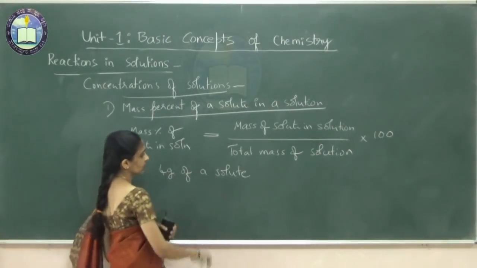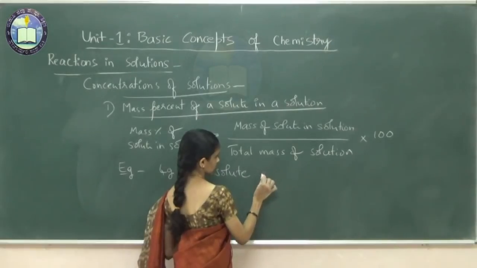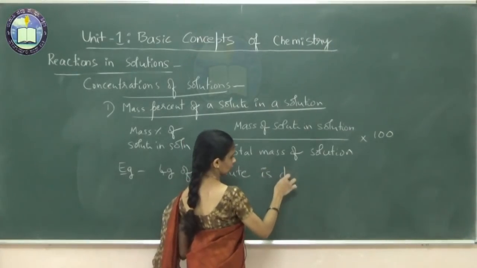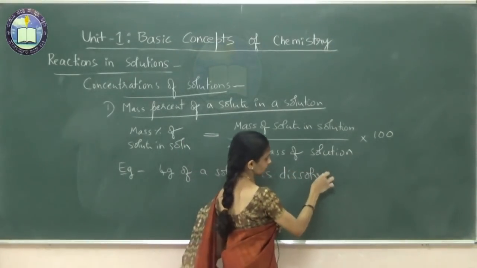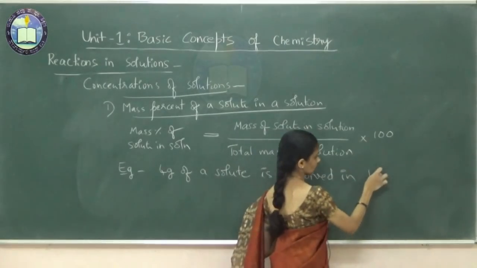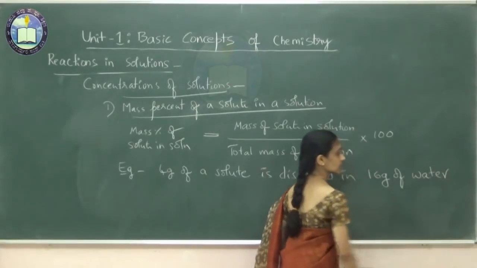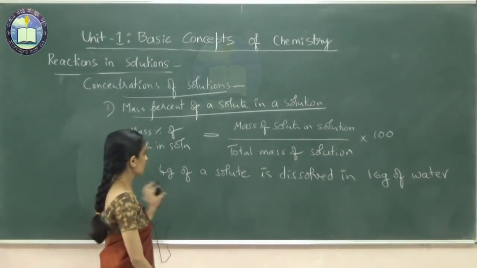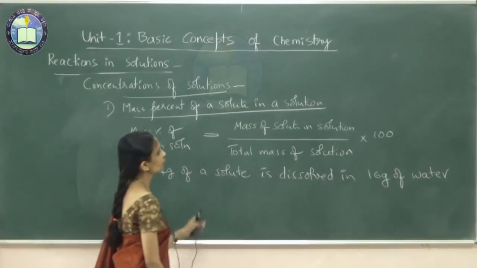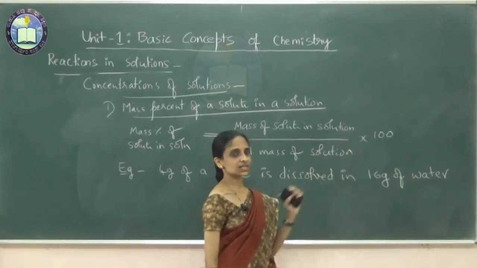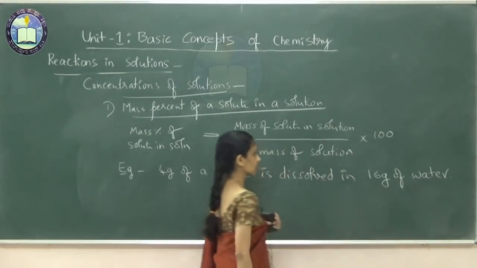You take 4 gram of a solute and dissolve it in 16 gram of the solvent water. I'll take 4 gram of a solute and I'll dissolve it in 16 gram of water.